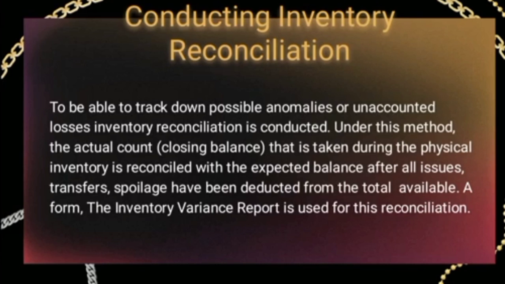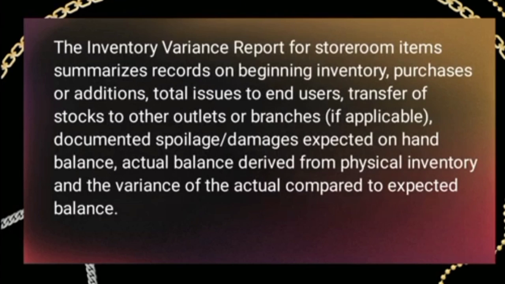Under this method, the actual count or closing balance that is taken during the physical inventory is reconciled with the expected balance after all issues, transfers, and spoilage have been deducted from the total available. A form, the inventory variance report, is used for this reconciliation.